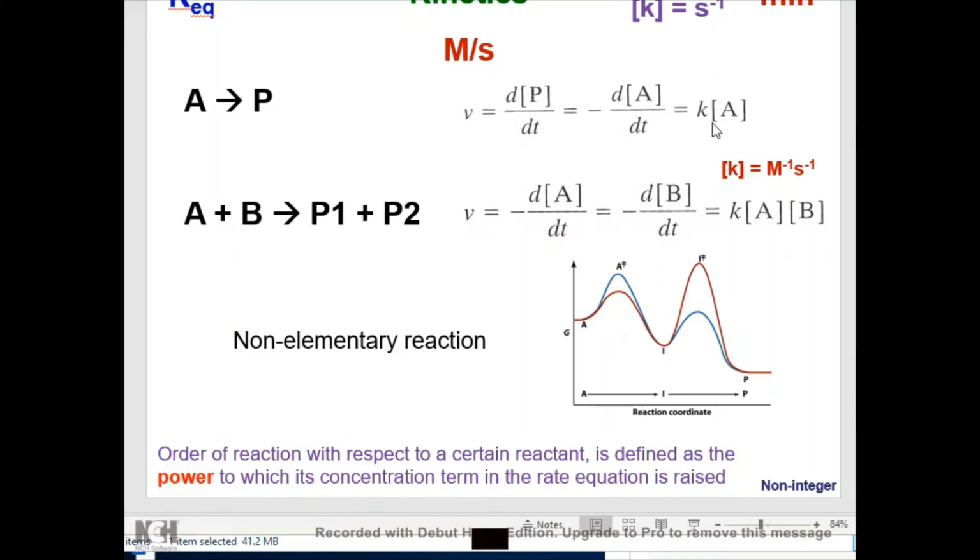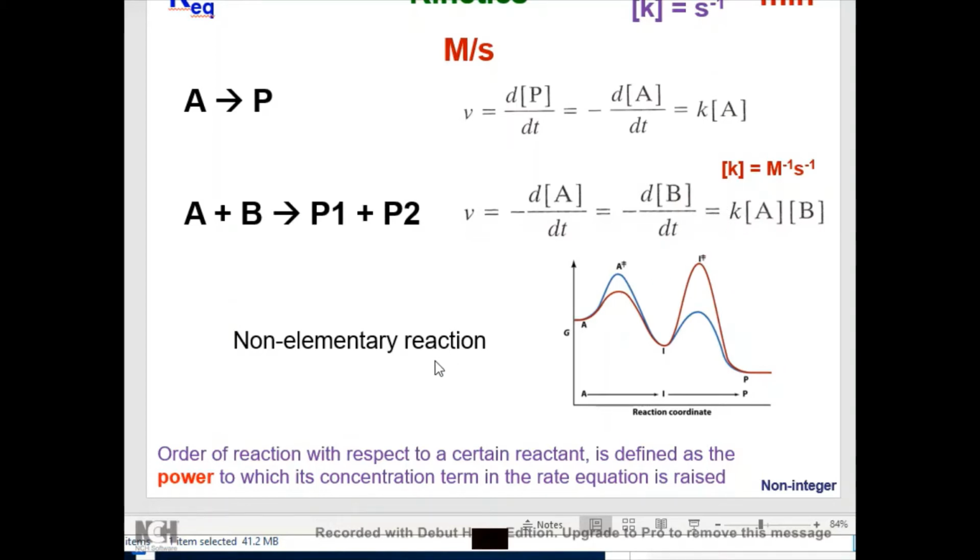And by definition, it is proportional to the concentration of reactant. And we can write a similar equation for a bimolecular reaction, in which the rate of the reaction will be proportional to the concentration of both reactants, A and B, with a proportionality coefficient K.